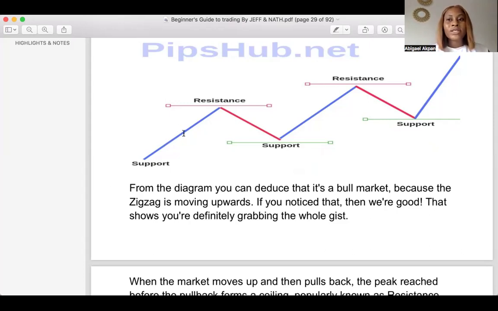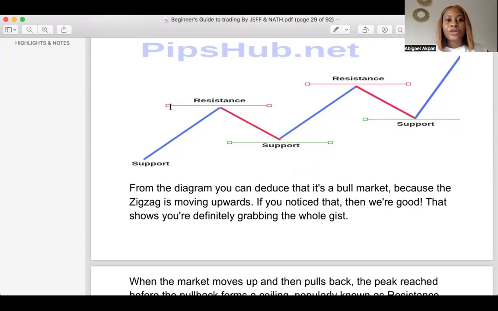So on this chart, you can see that the higher high is regarded as the resistance. And this is regarded as the support.